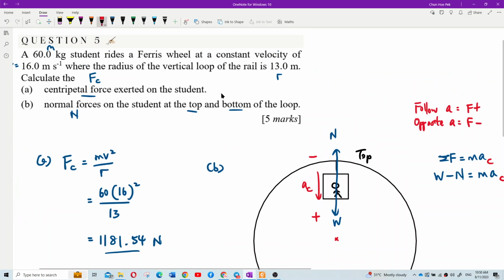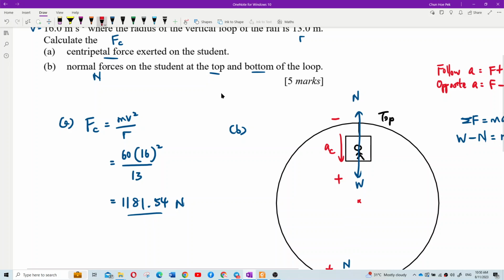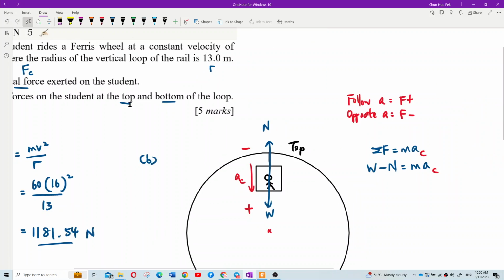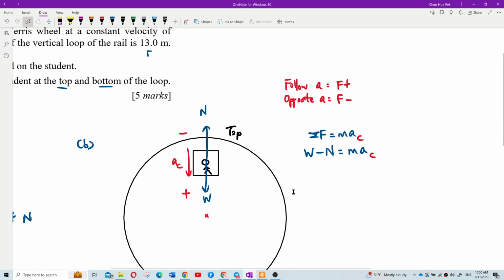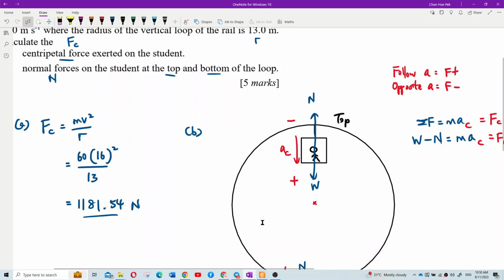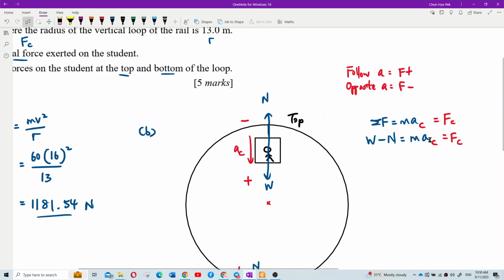Wait, the question asks for the normal force, right? This resultant force is actually FC, you know? The resultant force is actually the centripetal force, FC. You already got the FC just now, so use it back. This one is actually MAC or FC.